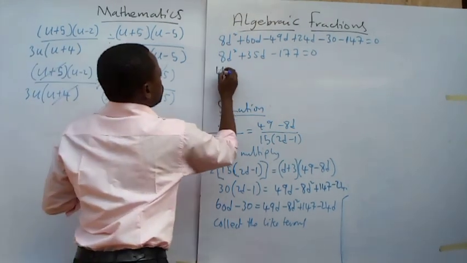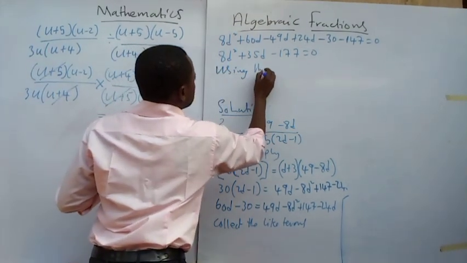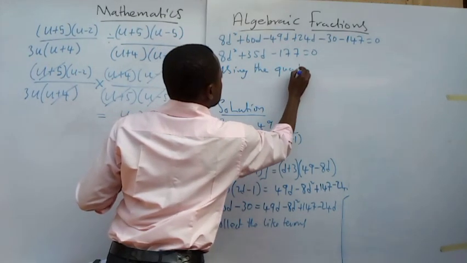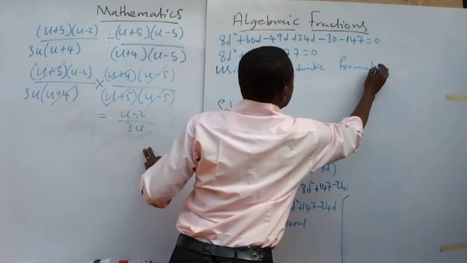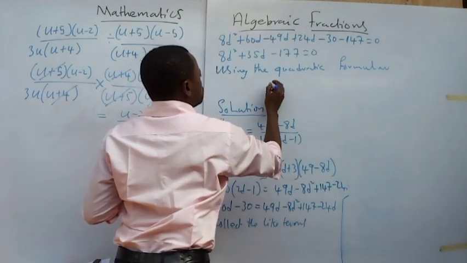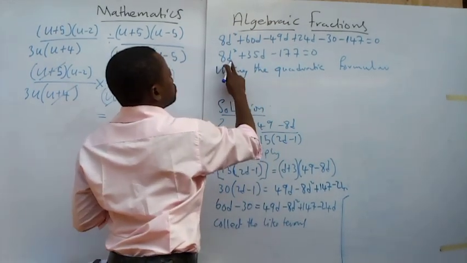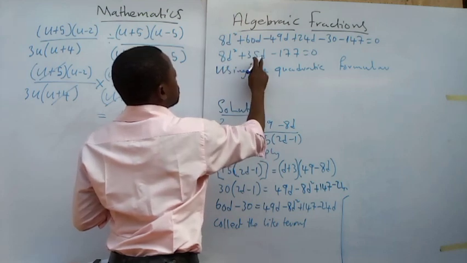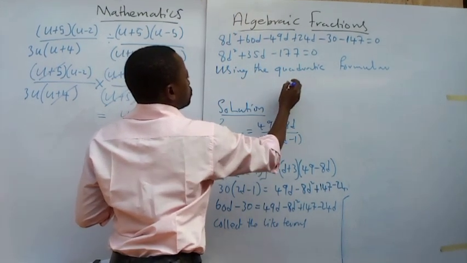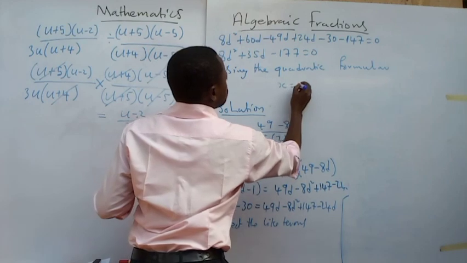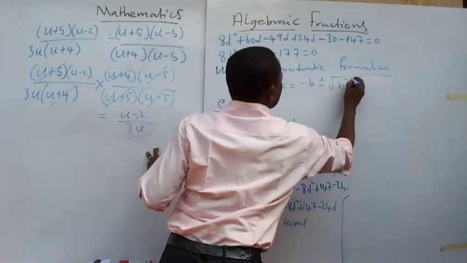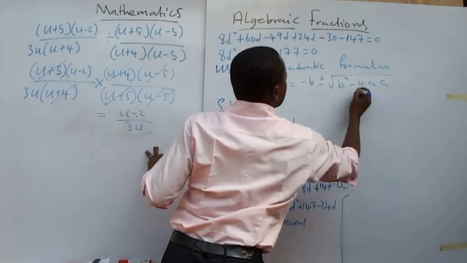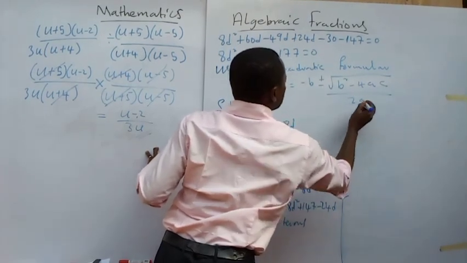So, using the quadratic formula, let this be x. So we have x equals minus b plus or minus the square root of b squared minus 4ac, all over 2a.